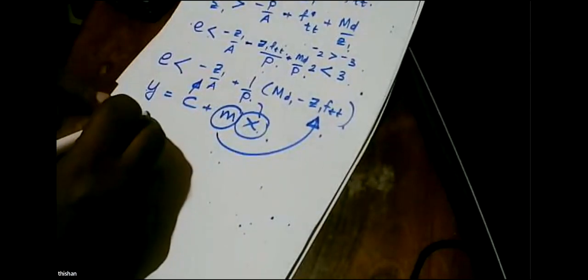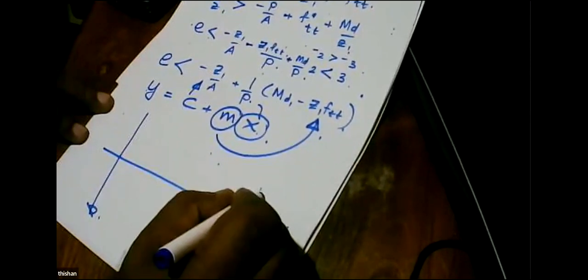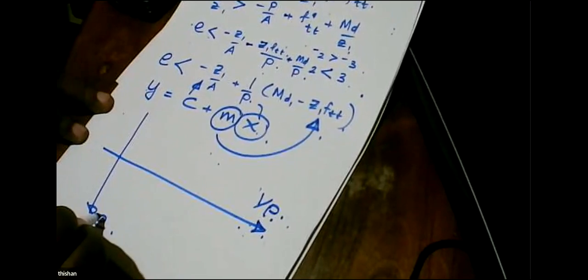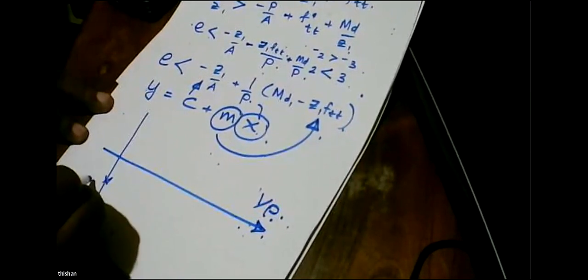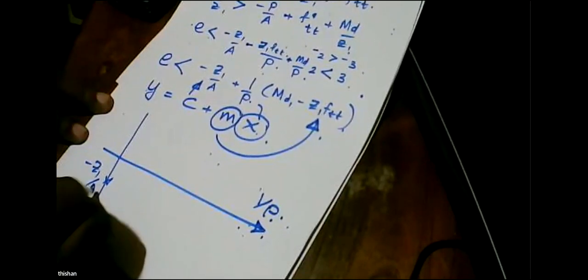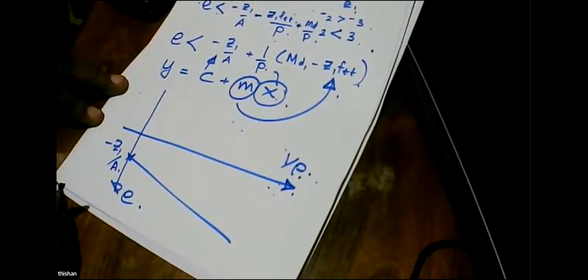So if we draw a diagram with this as 1 over P, and this as Z1 over A, minus Z1 over A is positive because Z1 is negative. So this is minus Z1 over A. And we are going to get a line like this.